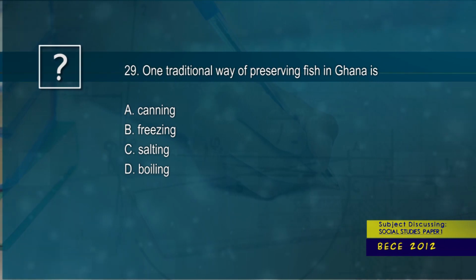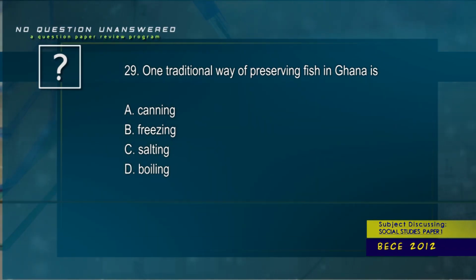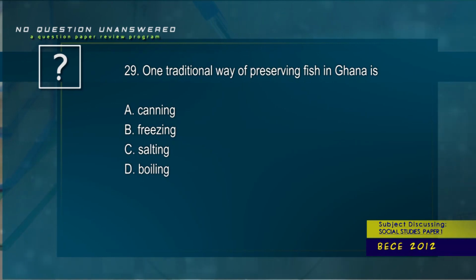29. One traditional way of preserving fish in Ghana is A, canning, B, freezing, C, salting, D, boiling. Viewers, our correct answer is salting, because the question says traditional way. Traditionally, our great-grandfathers salted their fish.